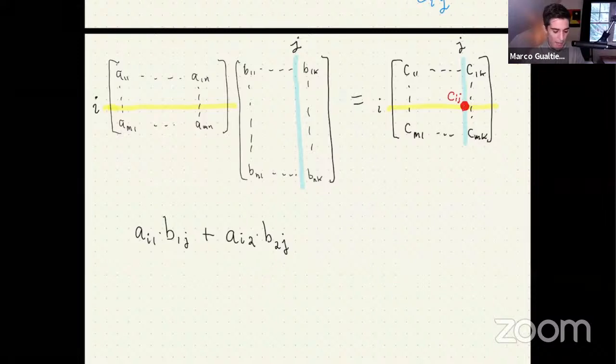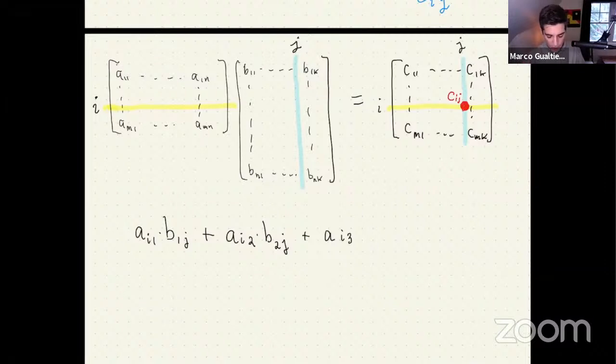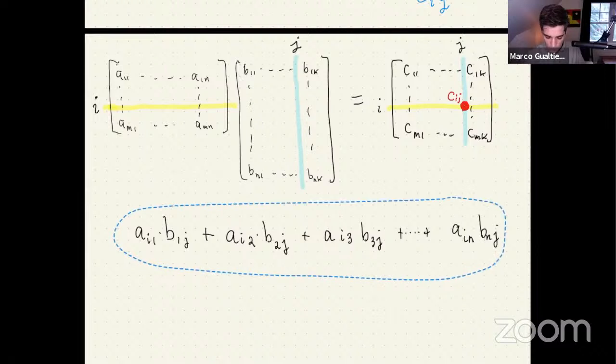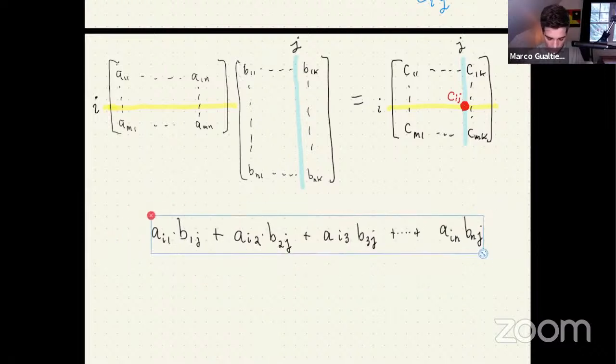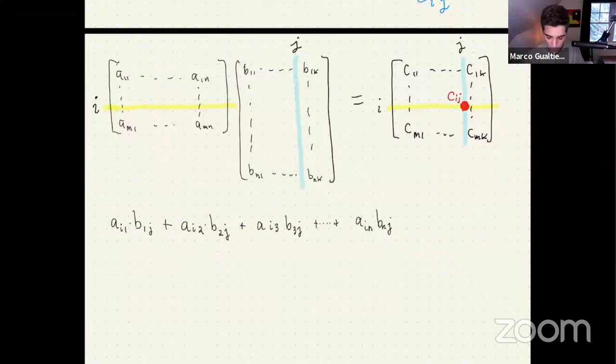So I'm just adding and multiplying numbers now. i and j are fixed because I'm only interested in one particular matrix element, all the way to A_iN B_Nj. And all this is equal to C_ij. Okay.